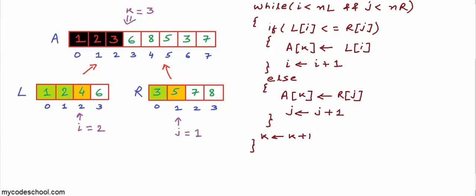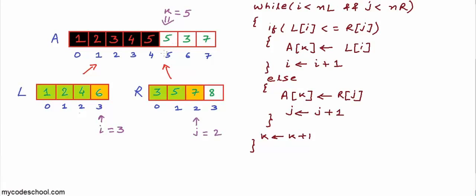Next it's between 4 and 5. Next it's between 5 and 6. Next it's between 7 and 6. And after 6 has gone, we are done with all the elements in L. i is equal to 4 now, which is not a valid index. So in the while loop, this condition, while i less than the number of elements in L, will be false.